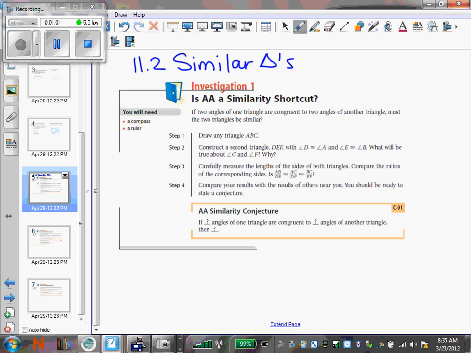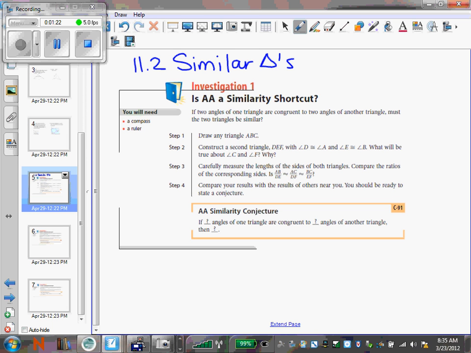We used the side-side-side congruence conjecture, side-angle-side, angle-side-angle. In this section, we're going to learn how we can prove triangles similar, not congruent, but similar.